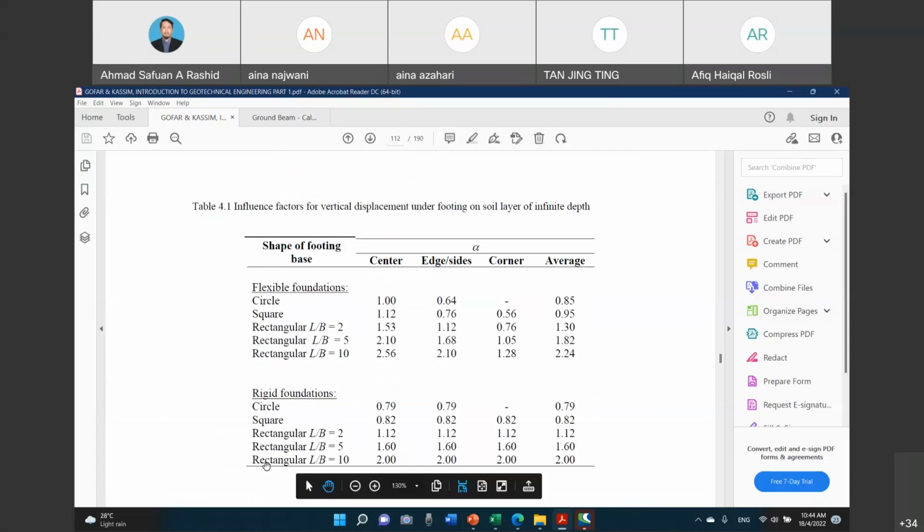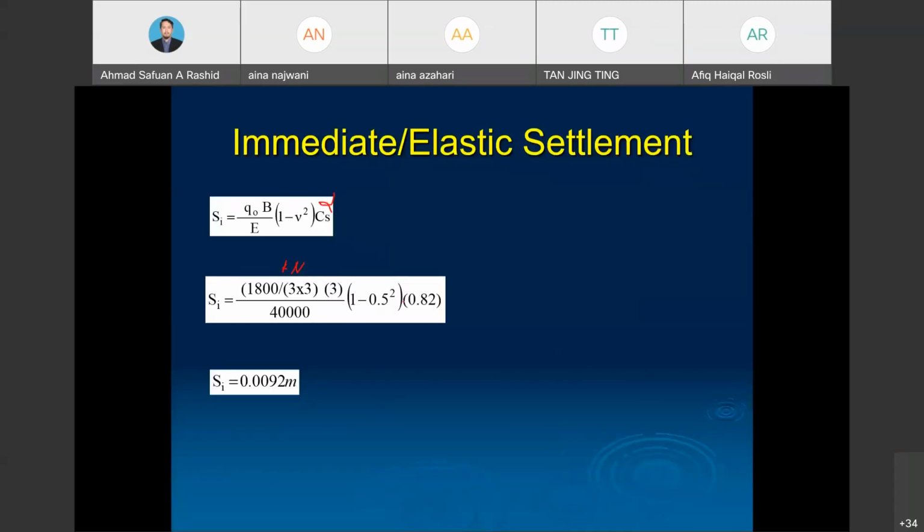For our case, the shape of the foundation is square. The settlement we want to consider in the problem is the average value. So when we look at the square average, the alpha should be 0.82, same as before. That is the alpha value.